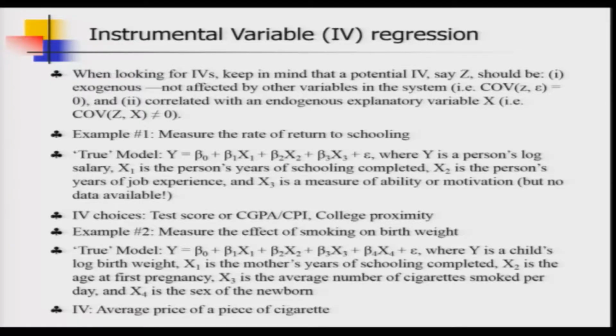So, now we are going to talk about what are the potential choices for an instrumental variable. In academic literature, test scores like CGPA or CPI are often used as a proxy or instrumental variable for this unobserved variable, ability or motivation of a person, because you see the obvious linkage here.